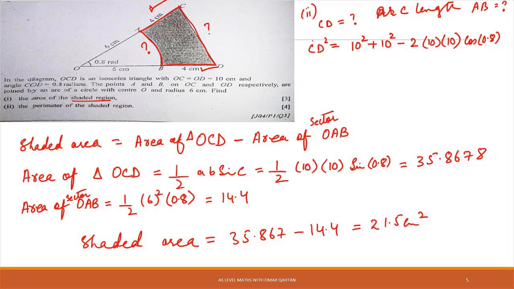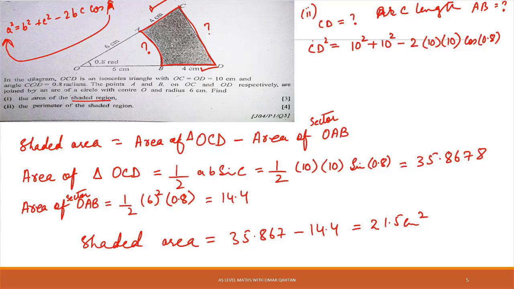I should write here the general formula for cosine law is a square equals to b square plus c square minus 2bc cos of a. Actually, how do we know if the angle should be a here? Because this is the side which should be to the left side of the equation, so we should substitute the angle of that.